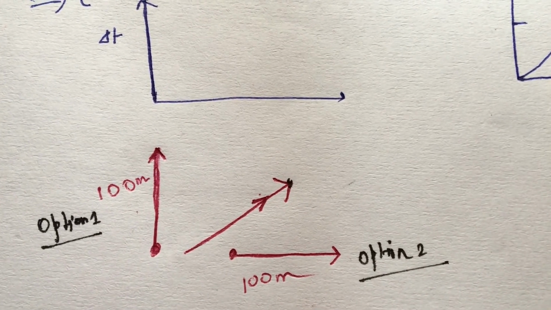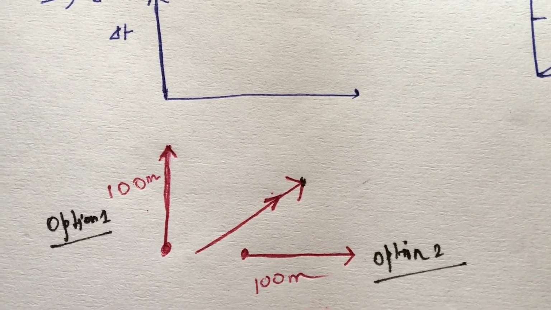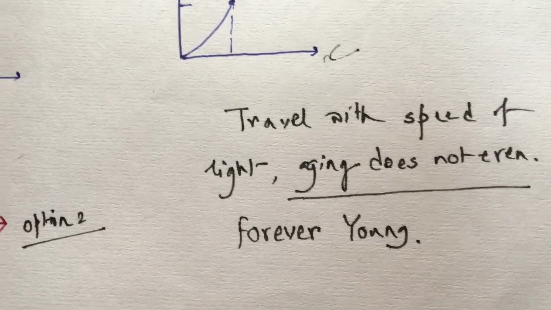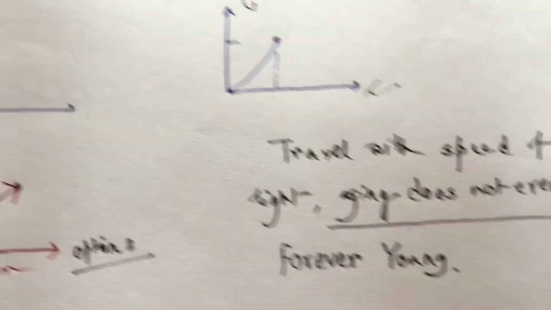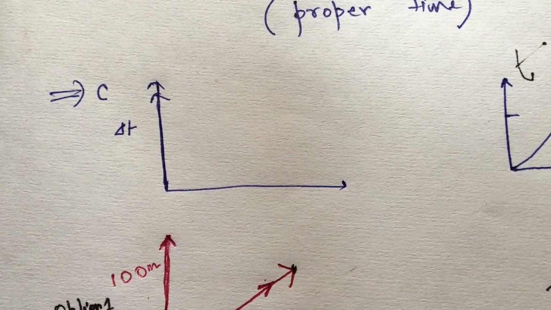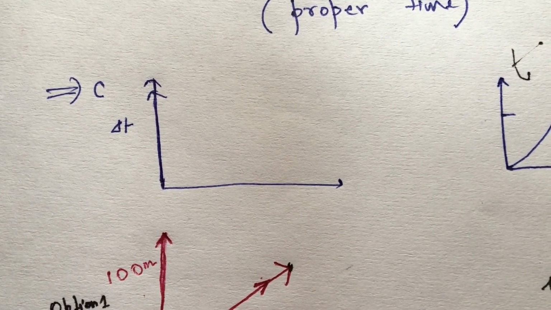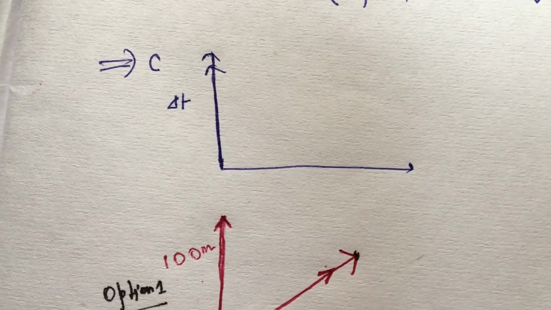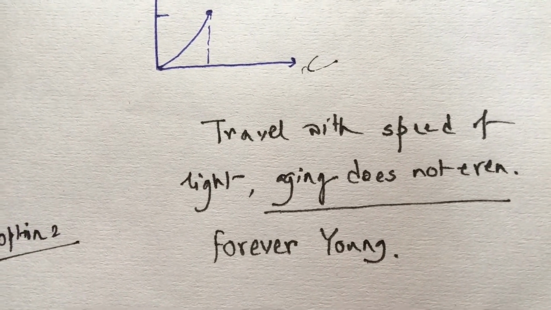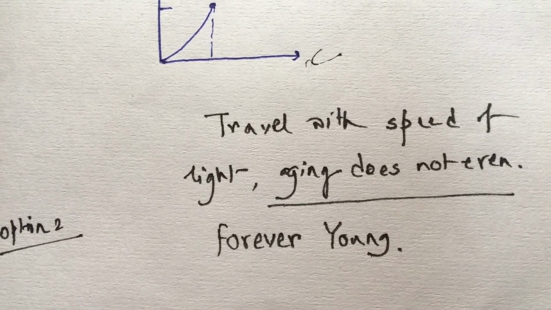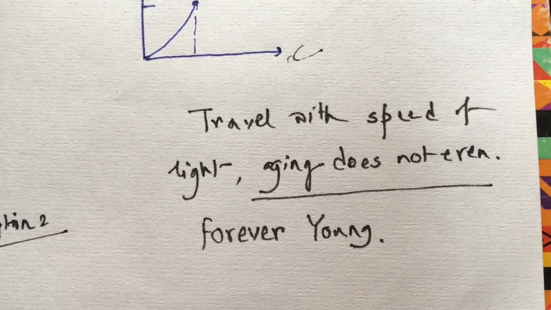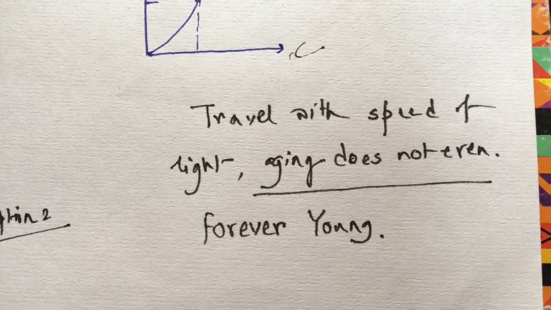Everyone is moving in the space-time diagram. And to travel with the speed of light means traveling along the time axis only with the speed of light. If you travel with the speed of light, you will be forever young, because then your clock will be the slowest forever.